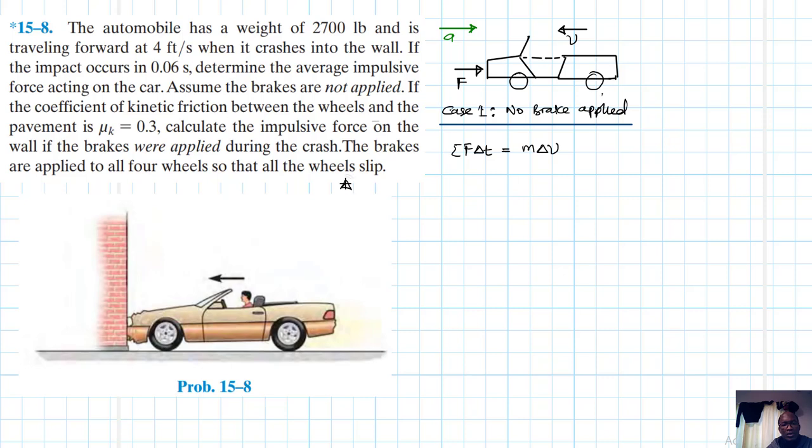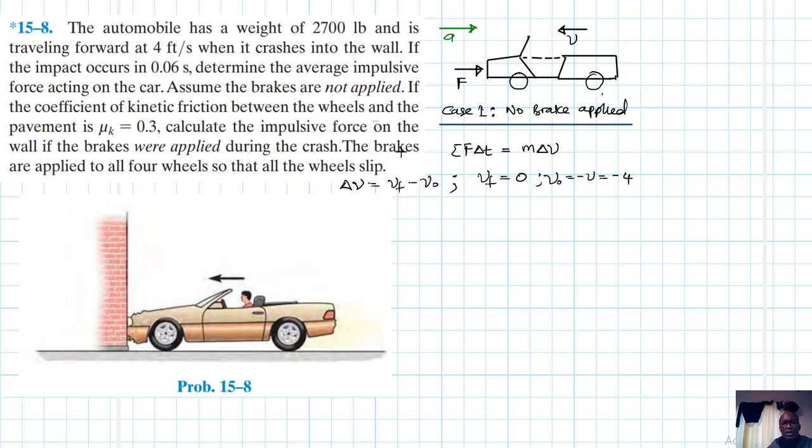So we have, of course, delta V is equal to Vf minus V naught, and in our case here, our V final is equal to 0, and our V naught is equal to minus V, which is equal to minus 4.